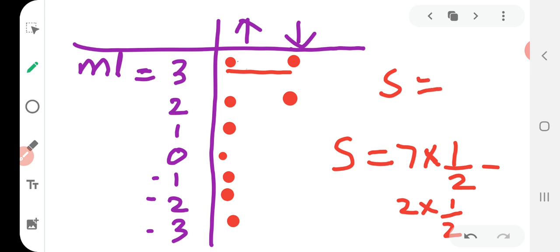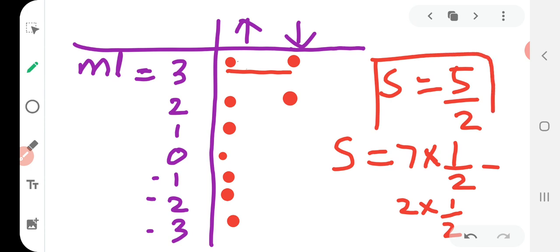Right? And that will be 5 by 2. Clear? So we have found the first condition, that is maximize the value of S, and we got the maximum value of S for this dysprosium 3 plus ion as 5 by 2.